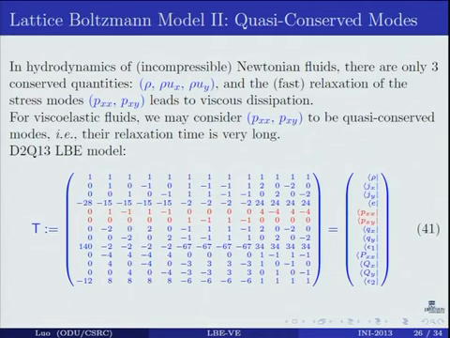The 9 velocity model allows you to do hydrodynamics because of scale separation. The stresses only need to relax fast to produce the viscous effects. There's nothing else they do. But here you need more. The first few bits are the original 9 bits. Then you include 4 more velocity degrees of freedom.